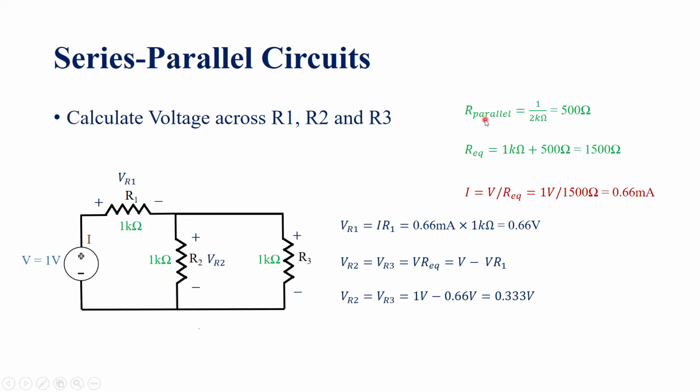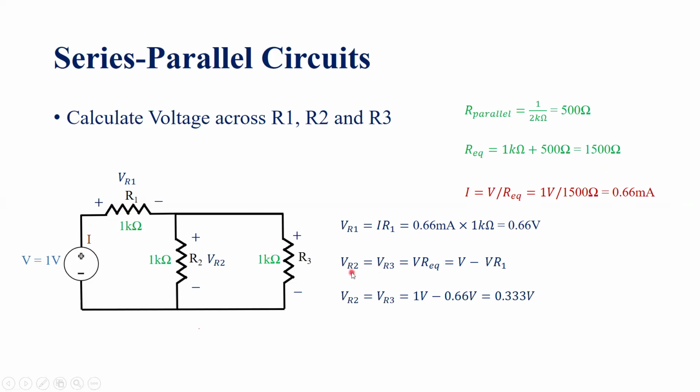Here again, we know the value of R parallel, R equivalent, and the current I from the circuit. Now, VR1 is again by Ohm's law, current multiplied by the resistance, where the current is the total current multiplied by the resistance 1K. So 0.66 milliampere multiplied by 1 kilo ohm is equal to 0.66 volt.